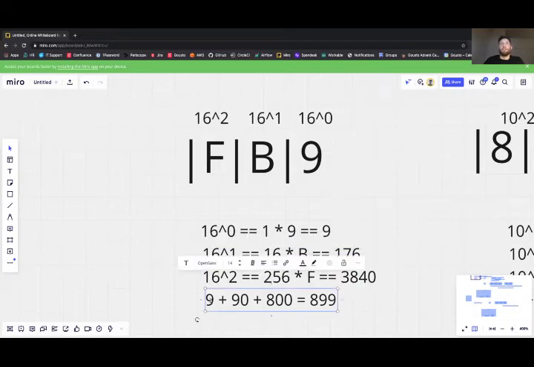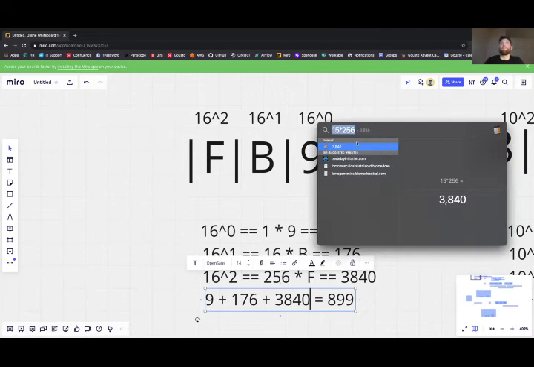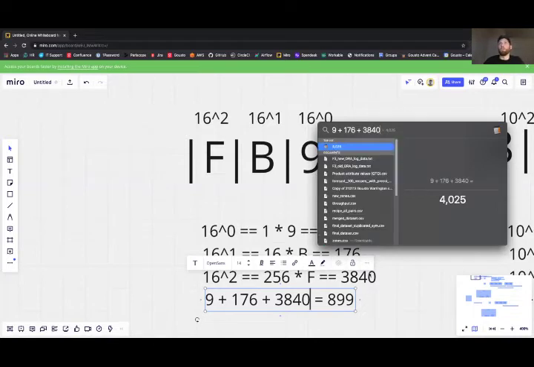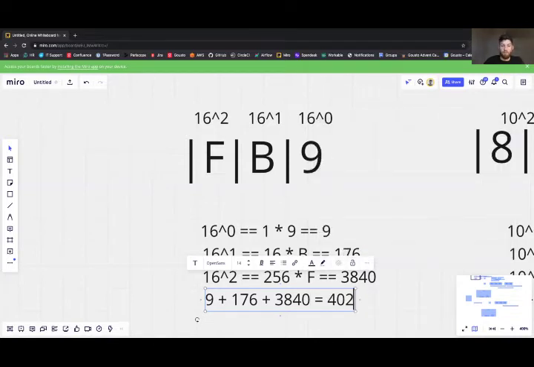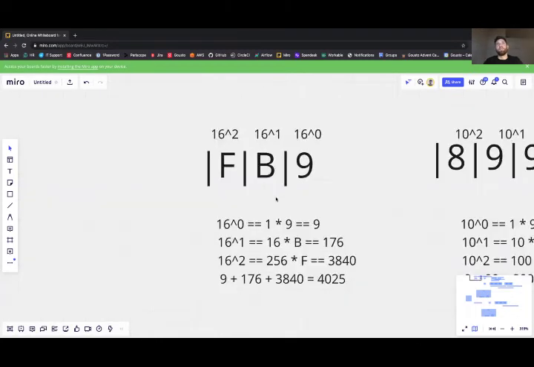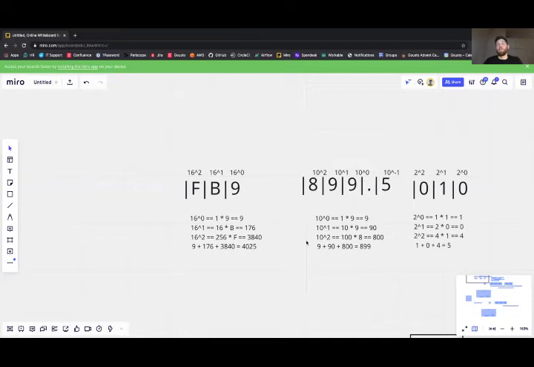Okay, so 9 plus 176 plus 3840 is 4025. All right, so there you have the hexadecimal number system. We've learned decimal, which is our home base, learned binary, and we've learned hexadecimal. In any of these number systems with any base, it's possible to express any number.